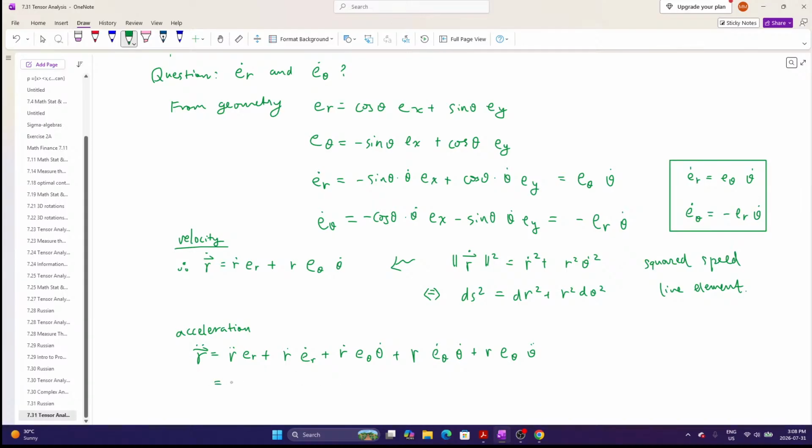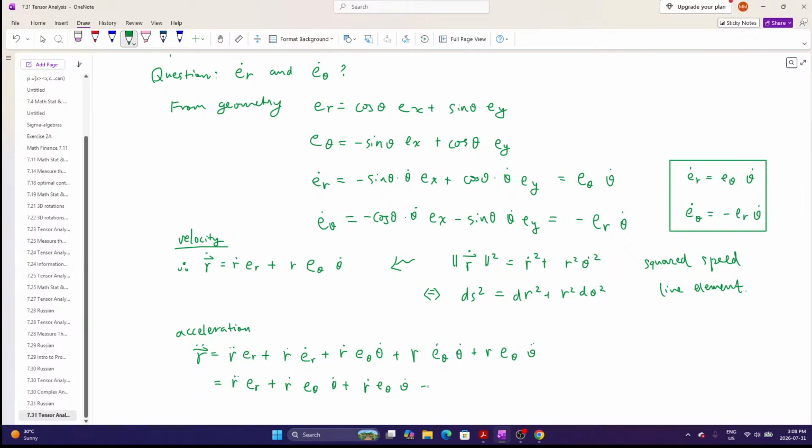So you got r double dot e_r plus r dot. What is e_r dot? Well, that's e_theta times theta dot. Okay, and then plus r dot e_theta dot. This term, nothing needs to be done.